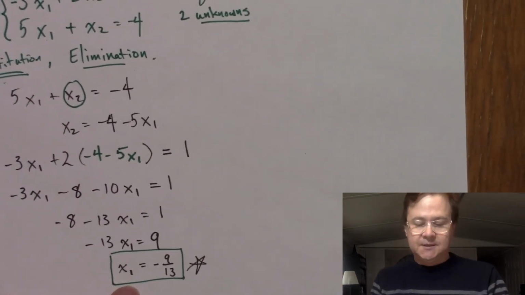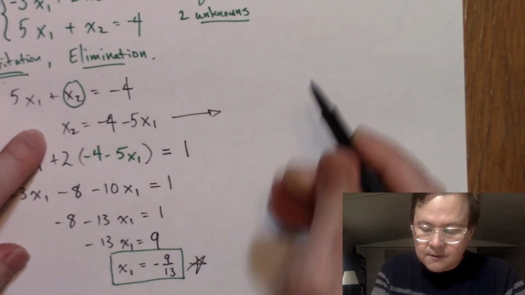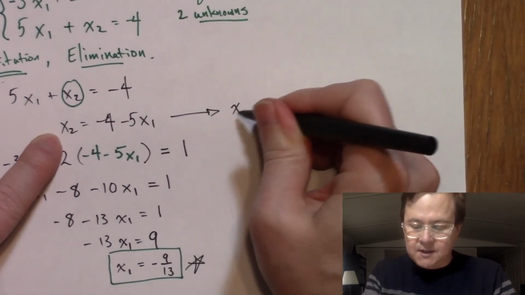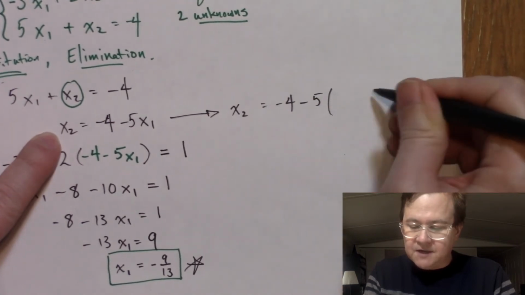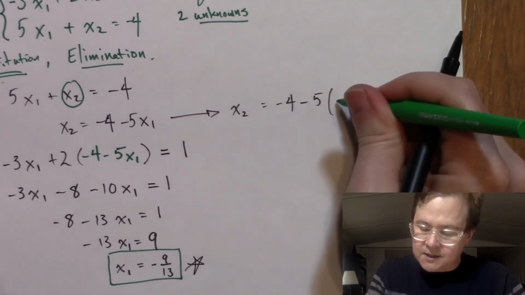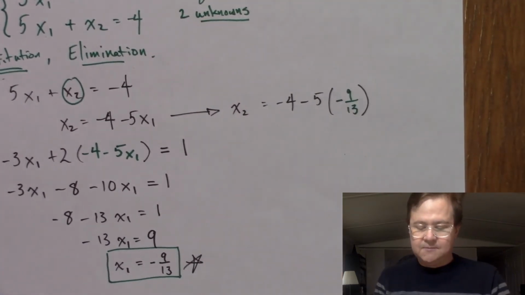So let's go back to our formula for x2, and I can see now that x2 is equal to negative 4 minus 5 times x1. And now I know that x1 would have to be negative 9/13.